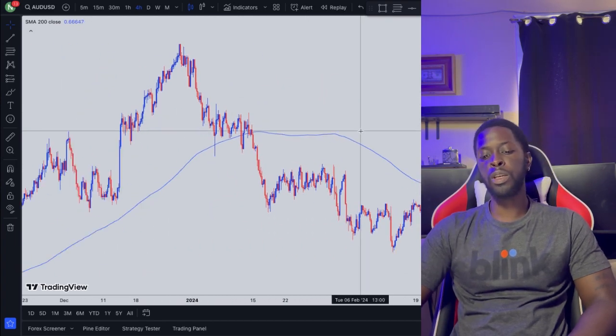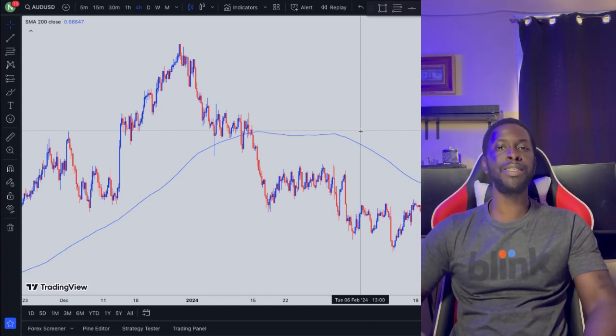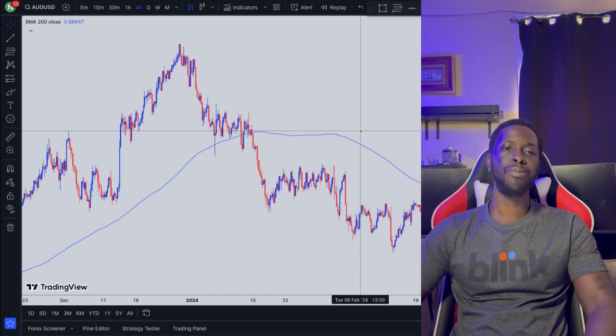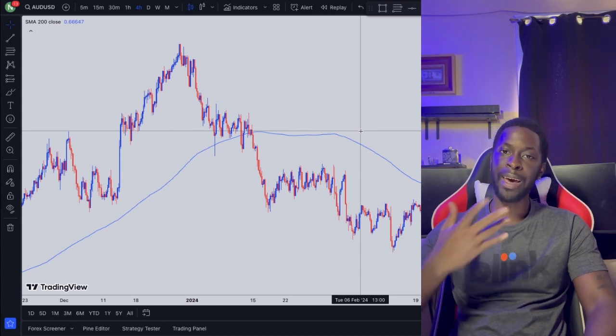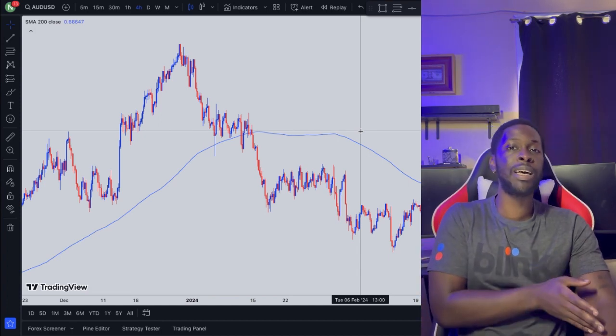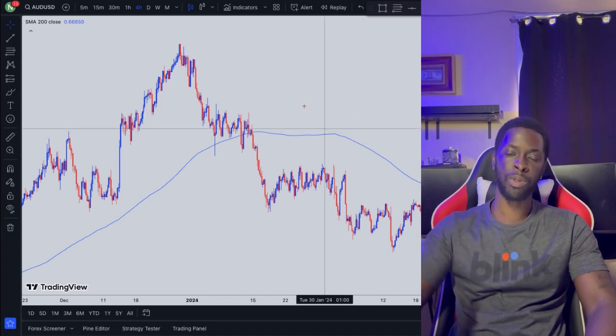So first things first is you want to identify a trend. And as you notice, this is the basis of a lot of strategies. Identifying the trend. Which way is the market heading, guys? You need to know which way the market is heading in order to build a basis around that.